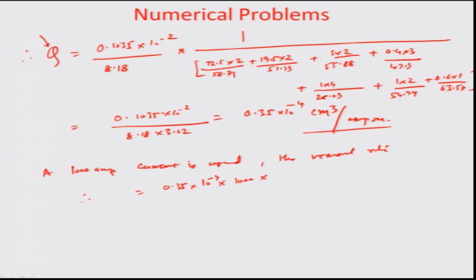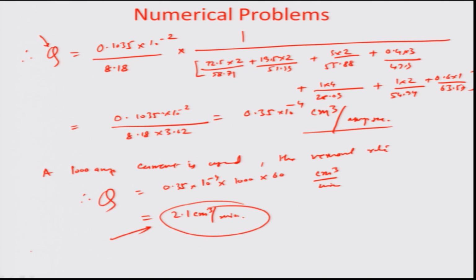If I wanted to find this in centimeter cube per minute, just multiplying with 60, it is 2.1 centimeter cube per minute. So, that is how you can find out the volume removal rate Q dot of the alloyed system given the various components with the different weights and the different atomic weights and other properties associated with this whole setup.